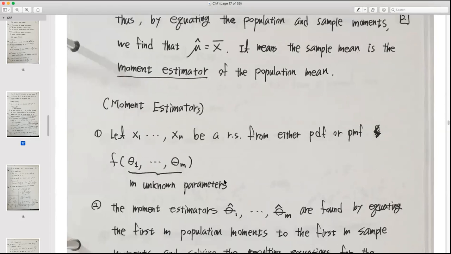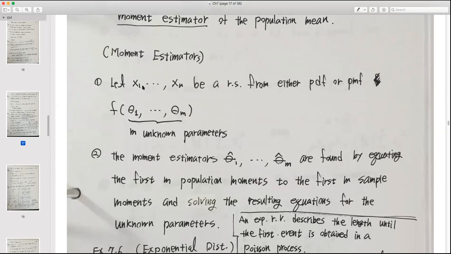Then the moment estimator: let x1 through xn be a random sample from either a PDF or PMF f of theta 1 to theta m, where theta 1 to theta m are unknown population parameters.